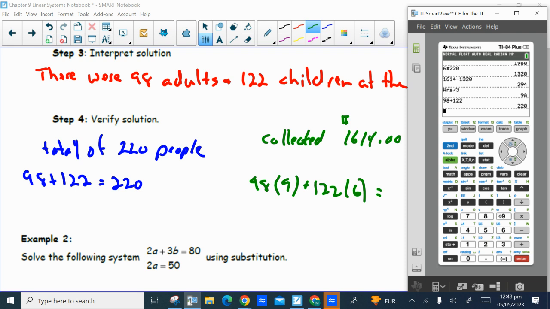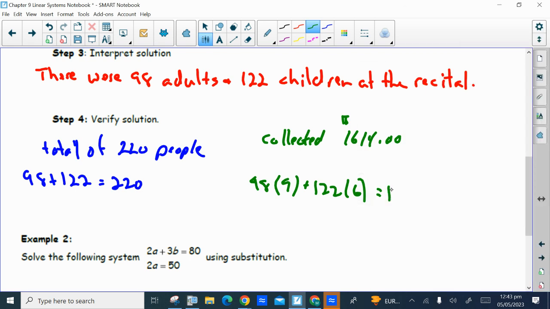If we work this out, 98 times 9 plus 122 times 6, we do get the correct total. So we see that our solution is correct. It satisfies both of those conditions.